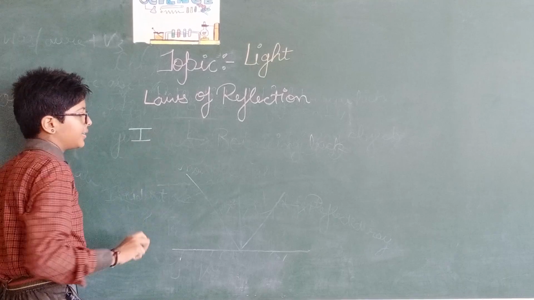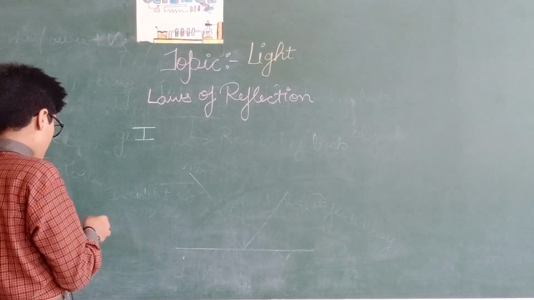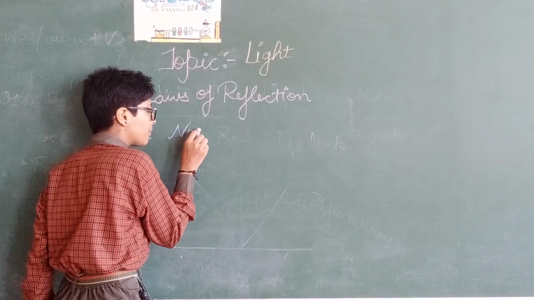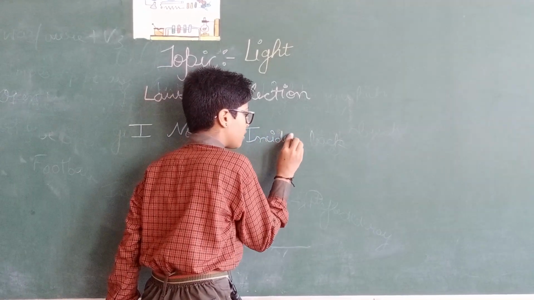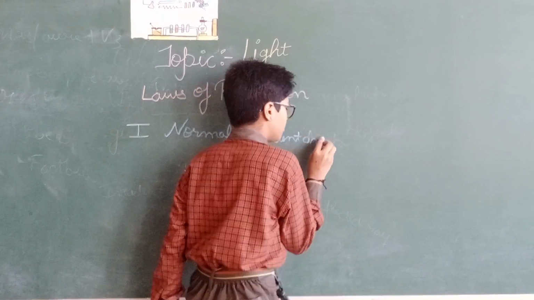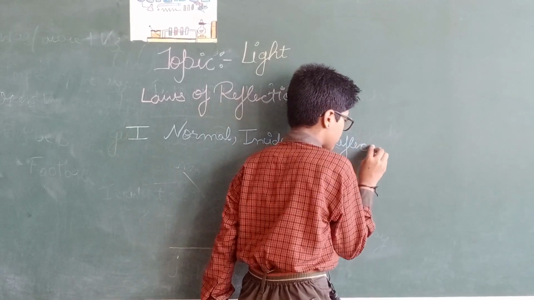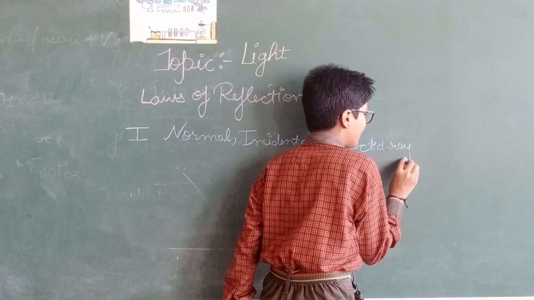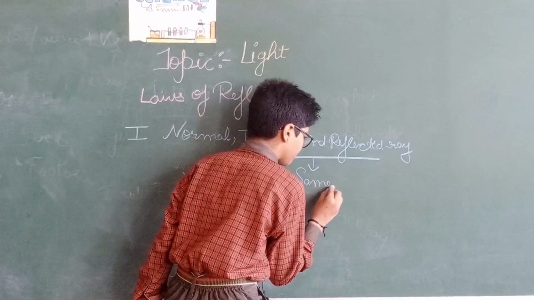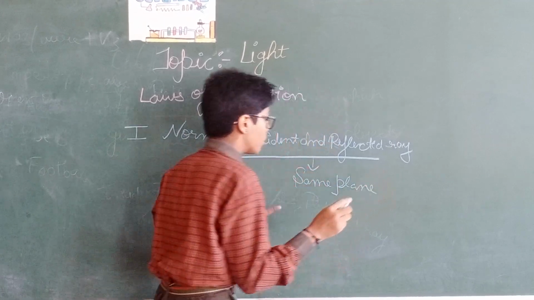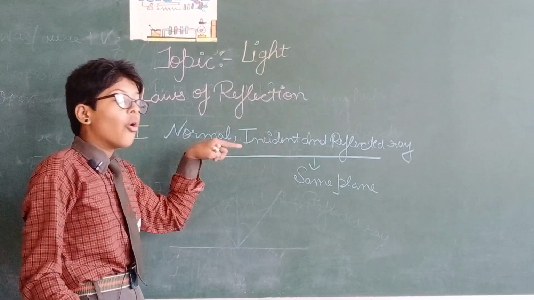The first one is that the normal, the incident ray and the reflected ray will always lie on the same plane, because when reflection takes place, it takes place on a single plane and these three are formed on that plane.